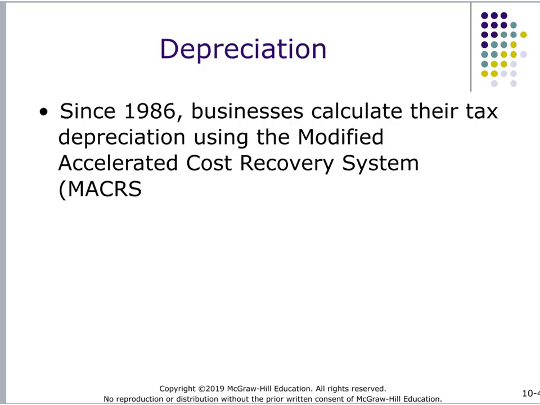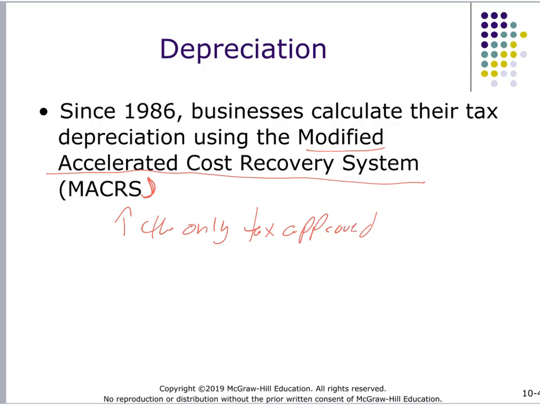All right, so what is the system used to calculate depreciation for tax purposes? It's the Modified Accelerated Cost Recovery System, otherwise known as MACRS. Prior to 1986, we had ACRS, but MACRS is the only tax-approved way to depreciate. Okay, so what does that mean?